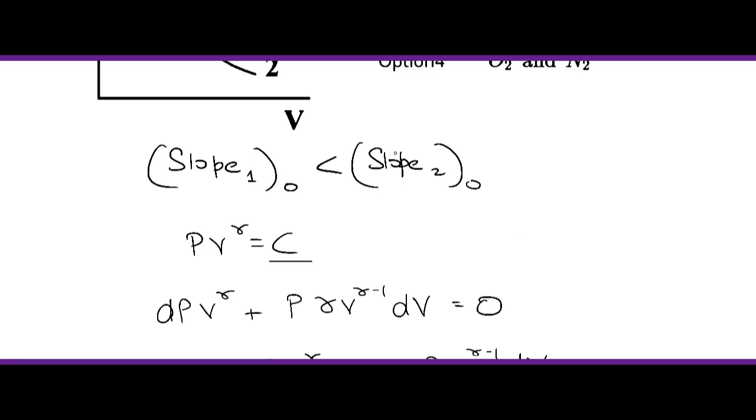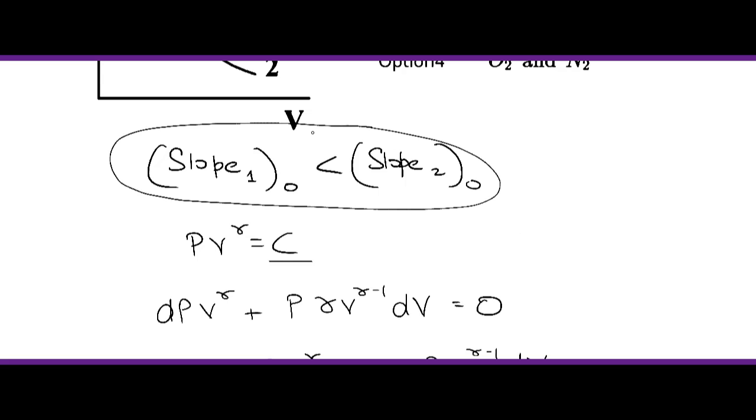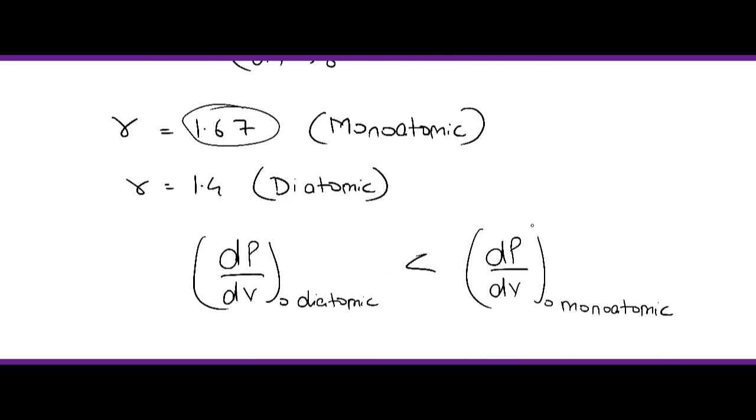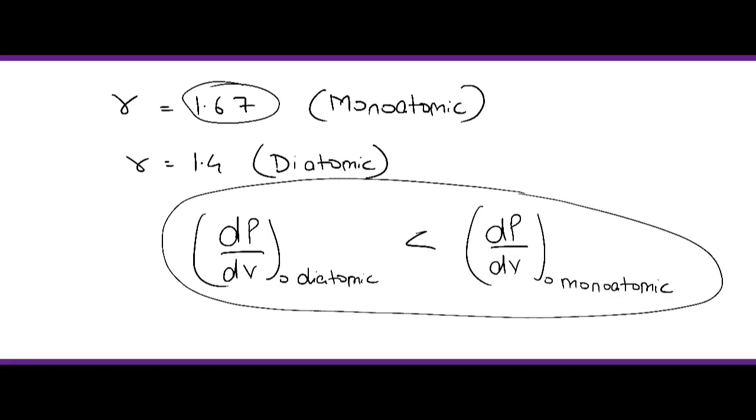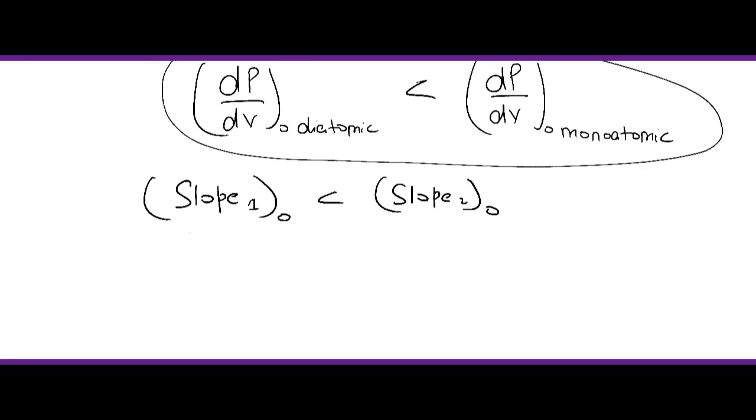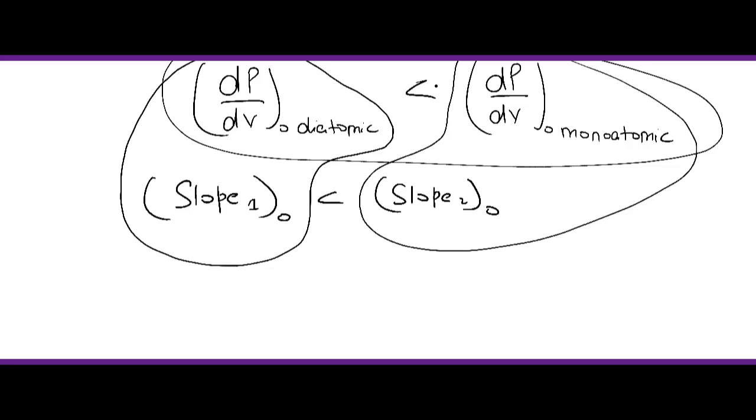This means here, since we have shown that the slope of process 1 is less than the slope of process 2, if we compare these two, we have slope of process 1 at O is less than slope of process 2 at O. We can say that process 1 is for diatomic gas, whereas process 2 is for monatomic gas.